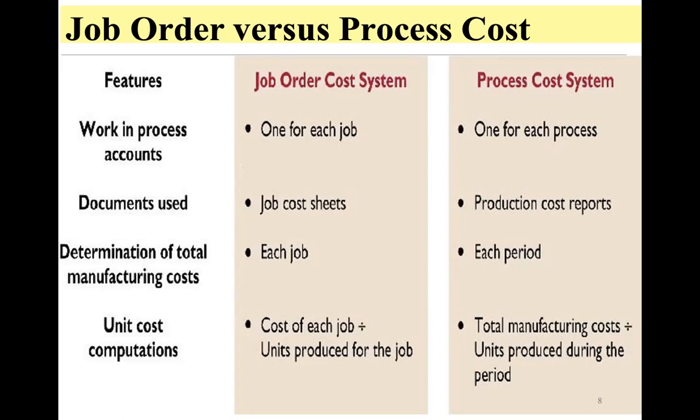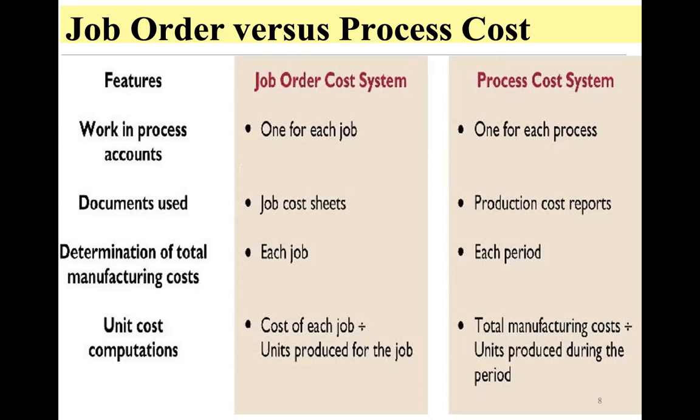Work in process accounts: in the job order cost system, we have one for each job. In the process cost system, for work in process, we have one account for each process, right?